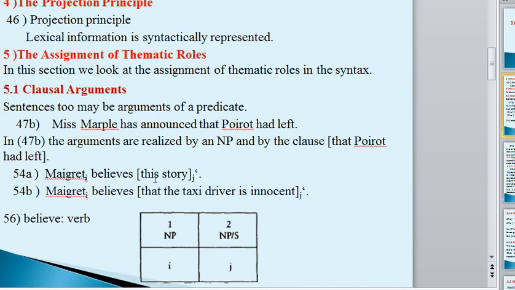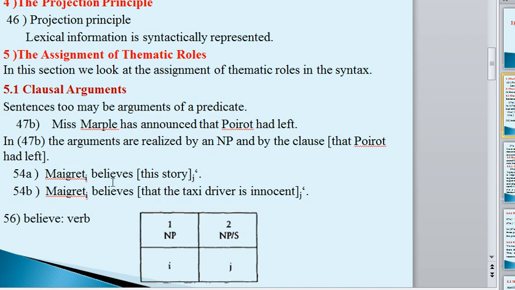So it needs two nouns. In the second example, the verb believes has an NP as its argument, Margaret, and the second argument is a clause, that the taxi driver is innocent.